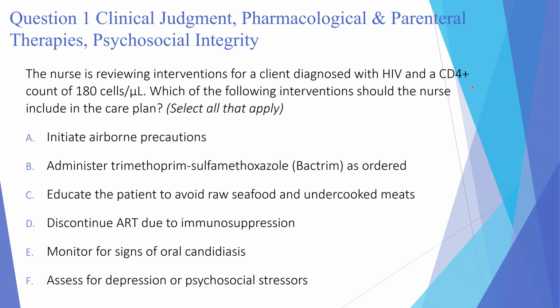So on the next page, I actually have the rationale of this select all that apply, because you see it's big, with 1, 2, 3, 4 categories. So I said this in the outline.